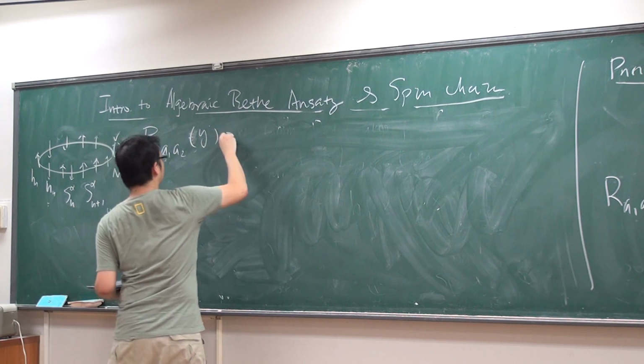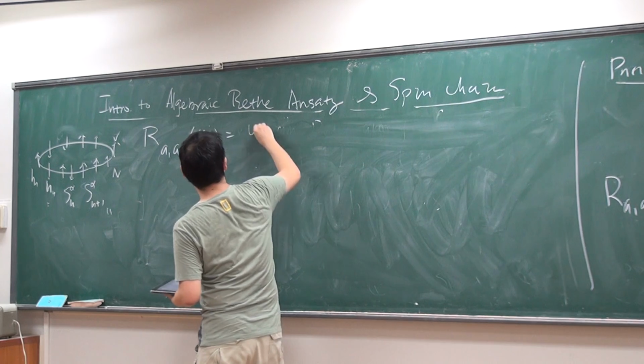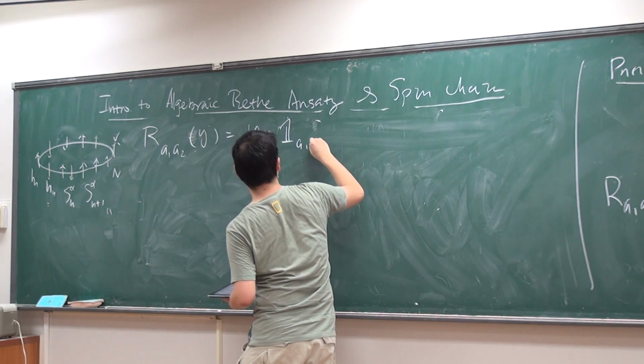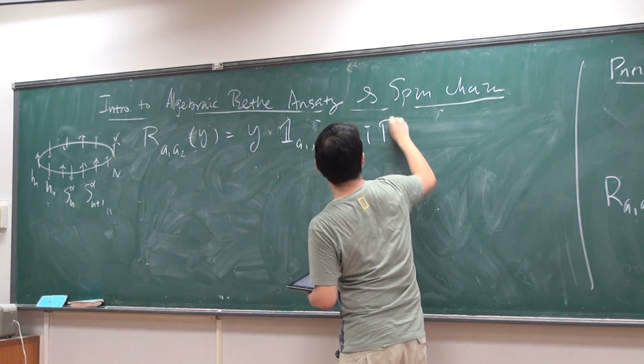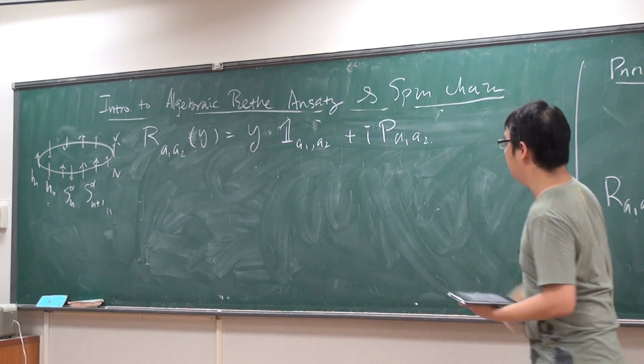What does the parameter depend on? It depends on... So it's simply y times a1, a2, plus I, the permutation. That's it.